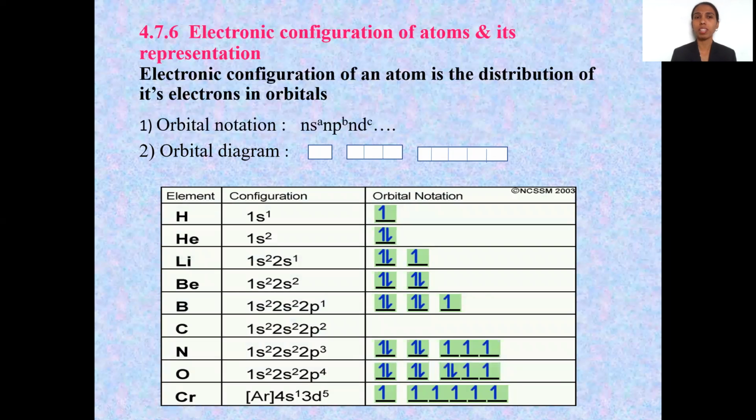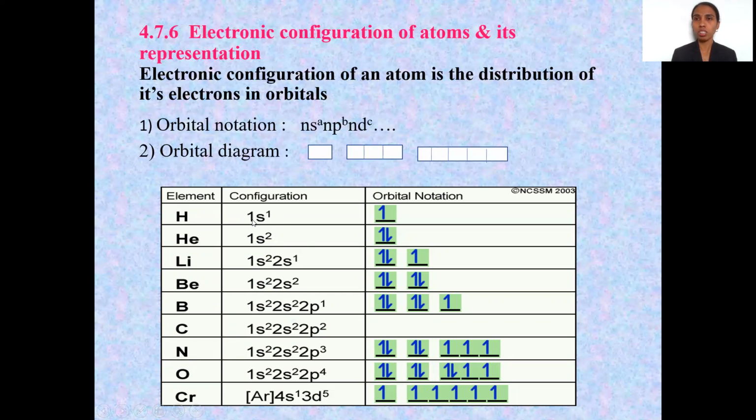Now how can we represent the electrons in the orbital notation or the orbital diagram? Here it is shown in this table. Suppose we consider the hydrogen atom. Hydrogen atomic number is 1, means the electron is 1. Using the orbital notation, the electronic configuration will be 1s1. Why 1s1?